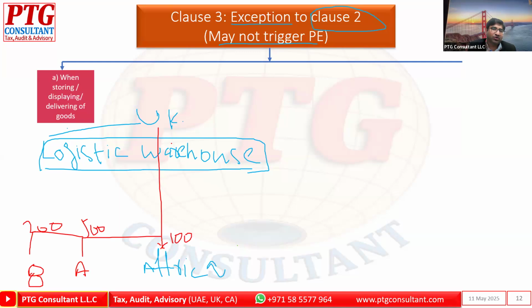So what will the UK business do? It will say, okay, if I send one by one, I have more cost. Logistic cost is more. So they will take a logistic facility warehouse from one service provider here.